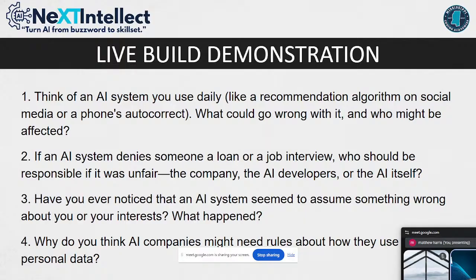So for this one, recommendation algorithms in like Netflix, Amazon, things like that. I mentioned the other day that I've had it recommend movies before. I like to watch horror movies, and it might recommend that in like a family section on my Amazon or something. So it could have things in the wrong place, and who might be affected?